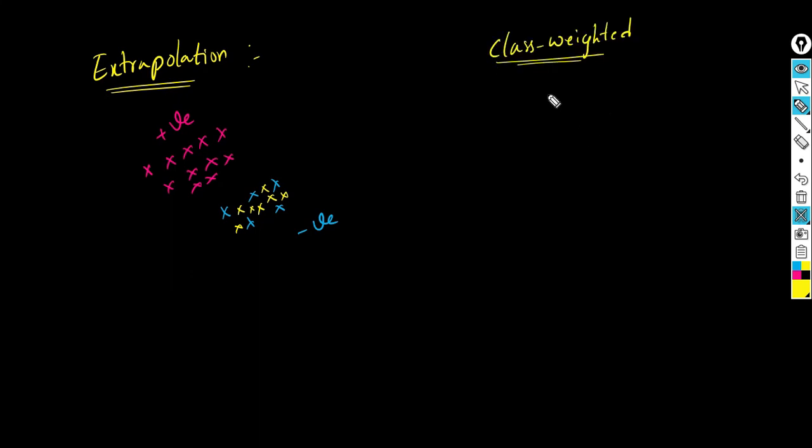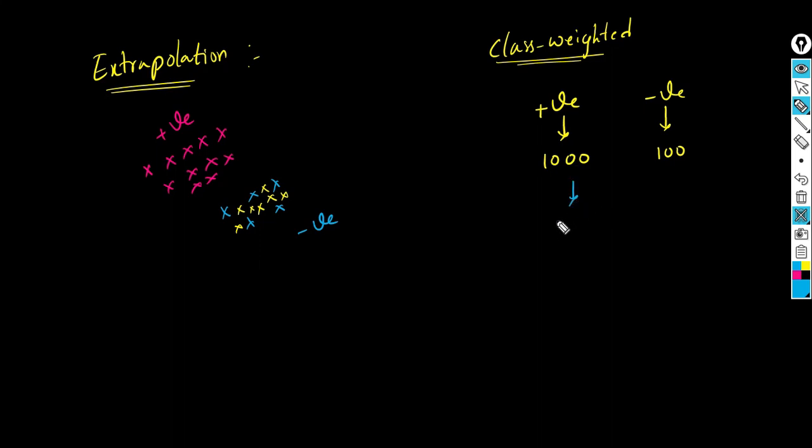Let's see one more approach, the weight-based approach. In the class weighting approach, let's consider we have 1,000 points for the positive class and only 100 points for the negative class. Here in the weighted approach we give more weight to the minority class, which means less weight to the majority class.